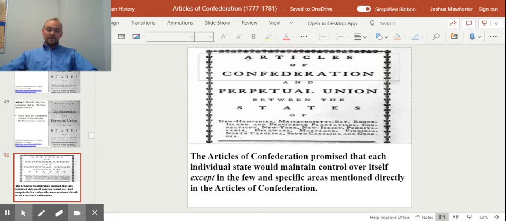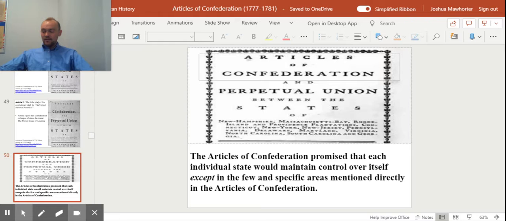And so the Articles of Confederation promised that each individual state would maintain control over itself, except in a few specific areas mentioned directly in the Articles of Confederation. So the default position is that the states have the authority of all laws and governance within their borders.